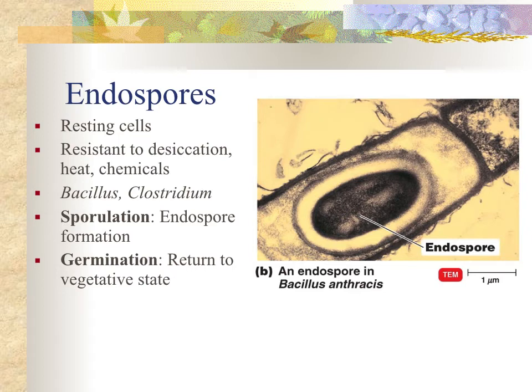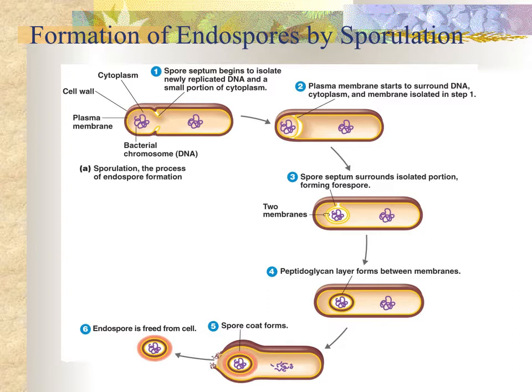And then this thing can remain inactive for years and years and years. But if conditions get better, it can germinate. Okay, this usually happens inside the cell, and then eventually the cell ruptures. And so the DNA is protected in here. We know we can germinate endospores that are at least thousands of years old.